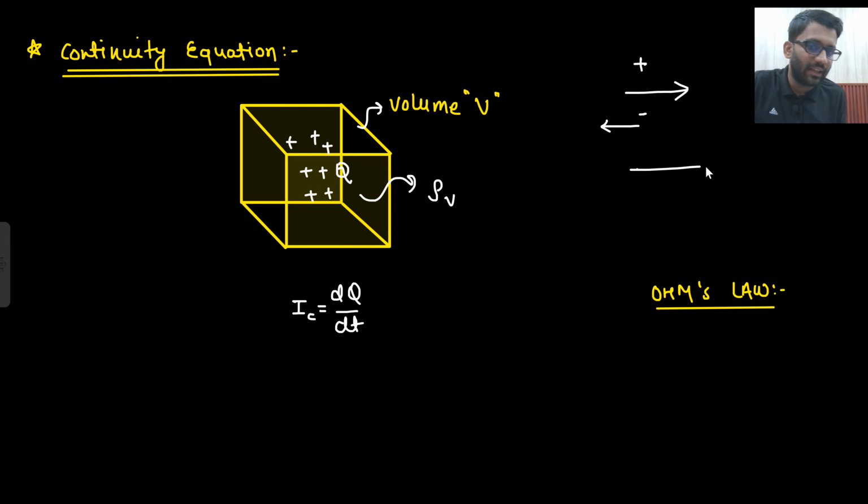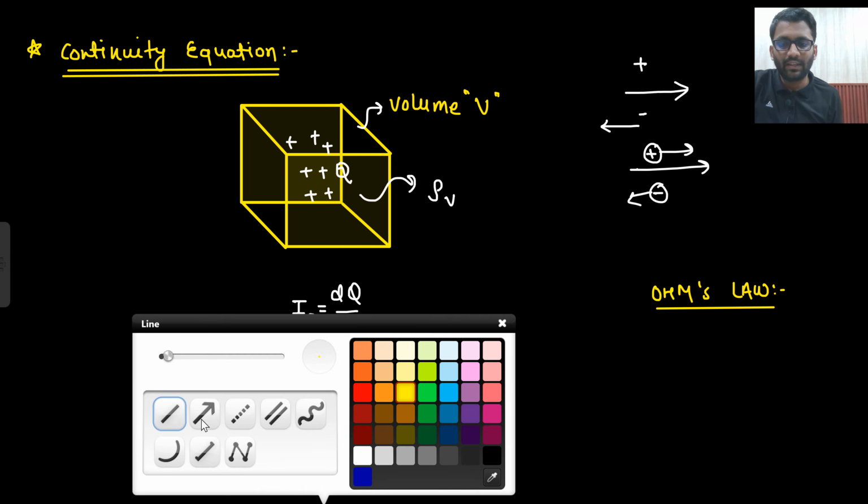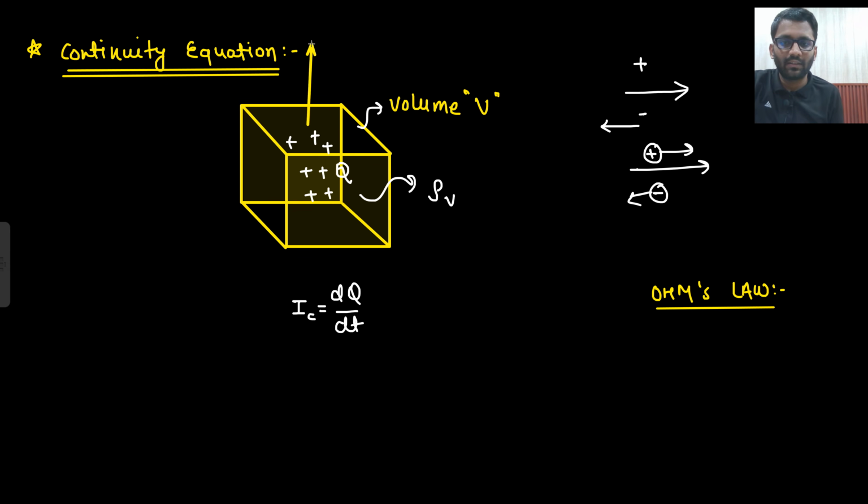If current is in this direction, positive charge must be flowing in this direction and negative charge in the opposite direction. So if positive charges are flowing out, the current would certainly be in this direction. This would be the direction of current.